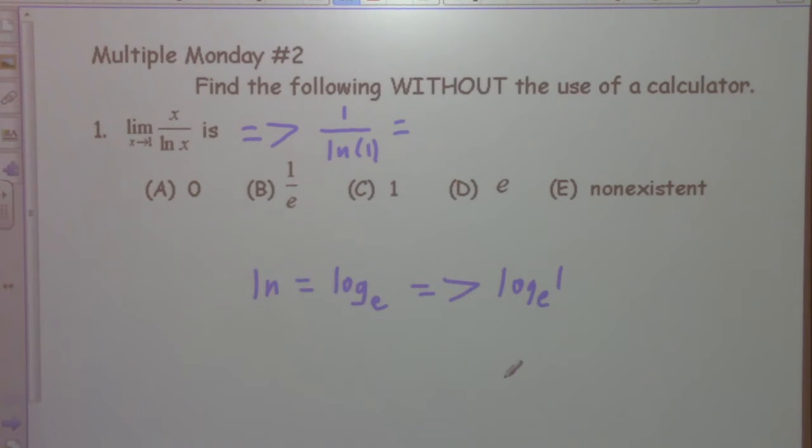E to the power of what is equal to 1? Zero. E to the power of 0. Yes, sir. So what we have is we substitute in, we get 1 over 0. And so what is this going to be here? Just 1. No, 1 over 0. Oh, non-existent.